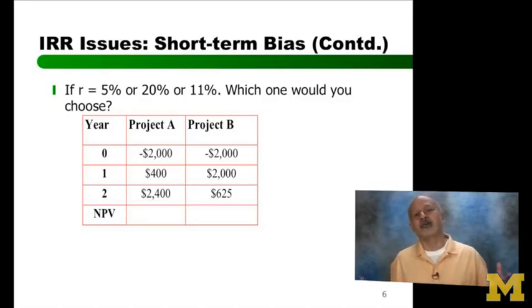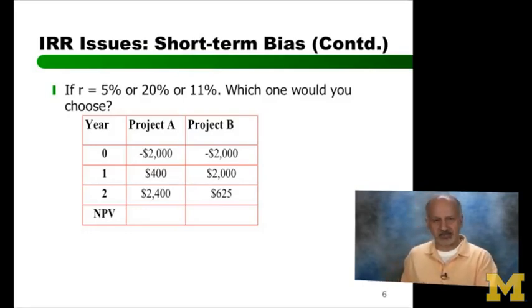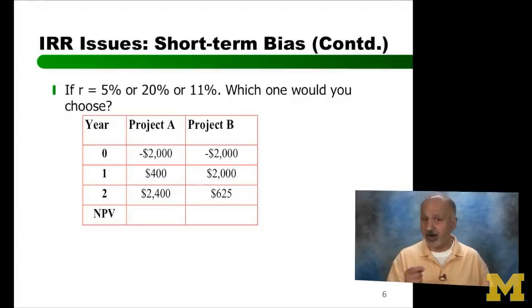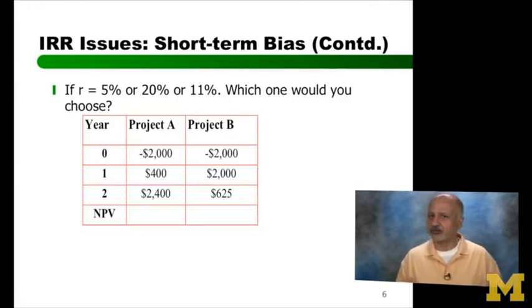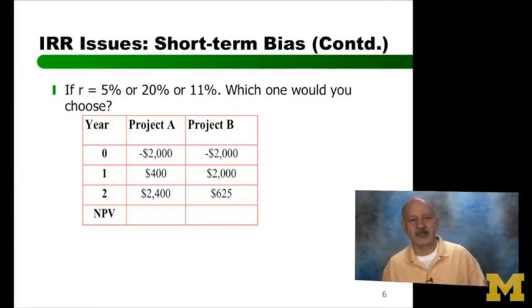Because you can do the analysis of your competitors, or your investor will see, and we don't know what the discount rate or R, little r is. So little r could be 5%, it could be 20%, or it could be 11%. There's a reason why I'm choosing all 3, and you'll see it in a second. But it should be pretty simple for you to calculate the NPV of both projects using 5, 20, or 11.